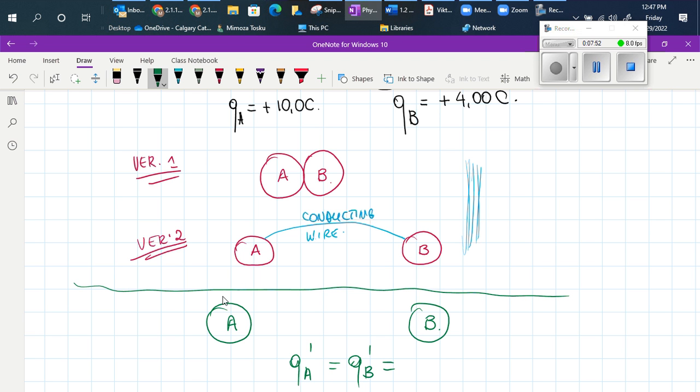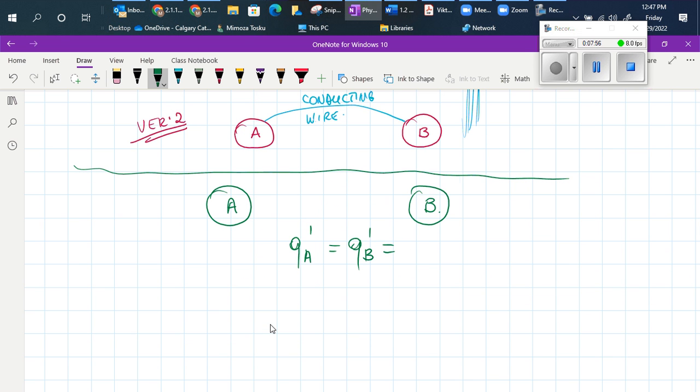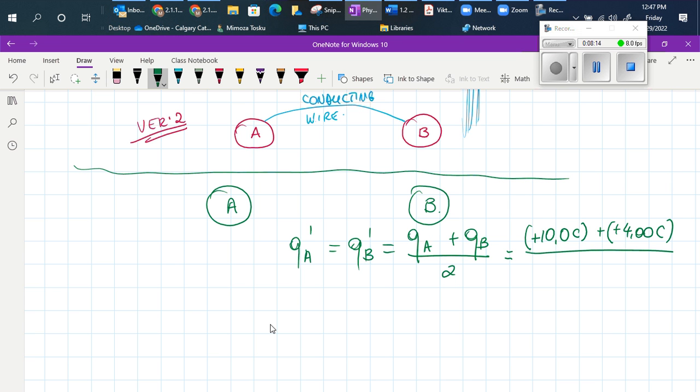Based on the conservation law of charges, each will be equal to the average of the previous ones, so QA plus QB over 2. We had QA as positive 10 coulombs plus QB as positive 4 coulombs, divided by 2.